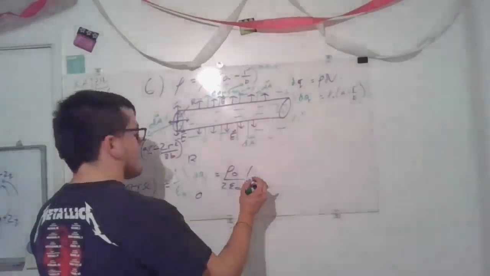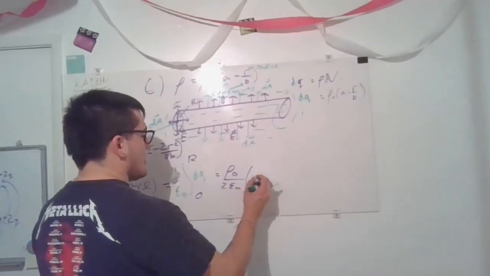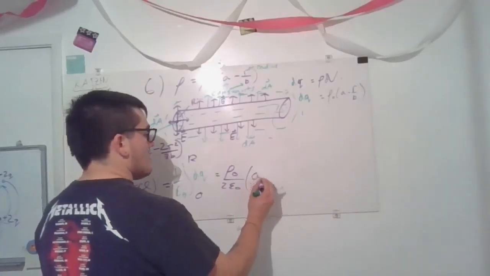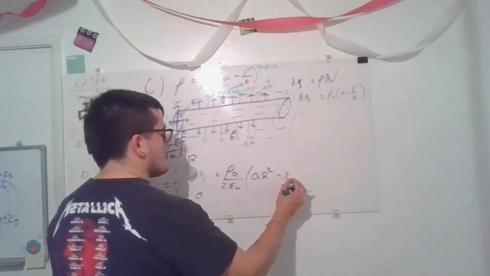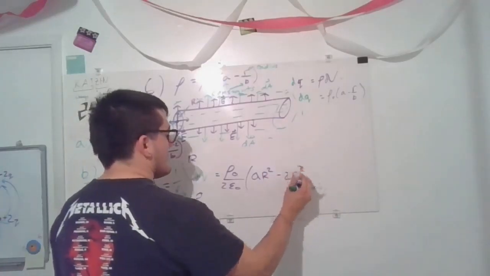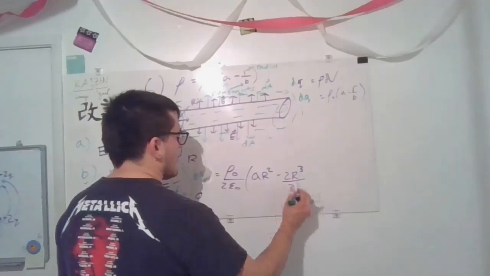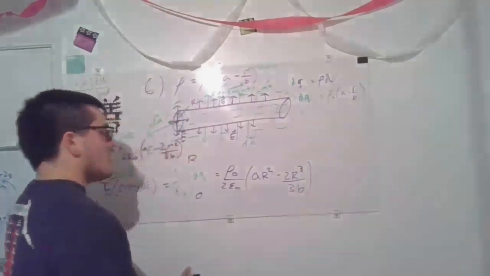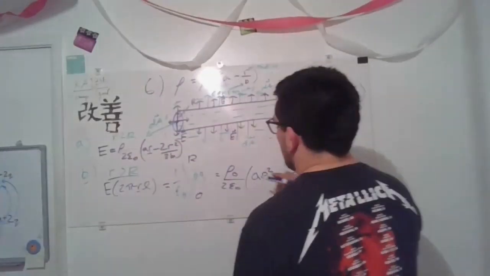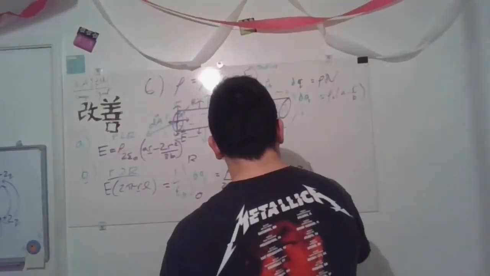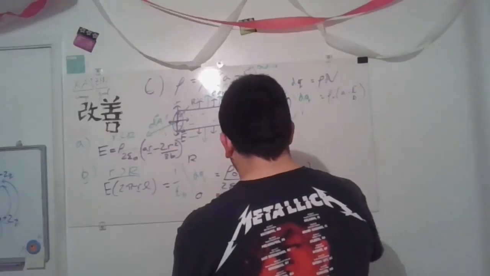So on the inside here, it'll just be a R squared minus 2R cubed over 3b. And then let me get the left side. I think I'm missing an RL.